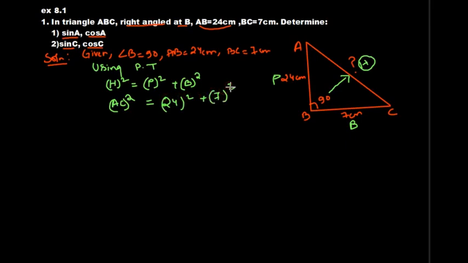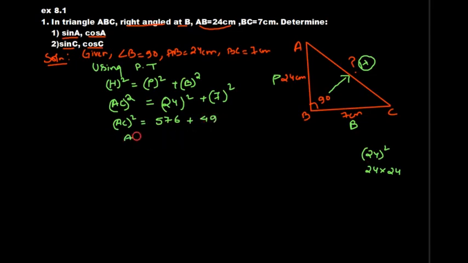Now AC square will be AC square only, since we don't know the value. What about 24 square? 24 square is 576. I hope you know the meaning of 24 square: it refers to multiplication of 24 two times, 24 into 24. What about 7 square? 7 square means 7 into 7, that is 49.